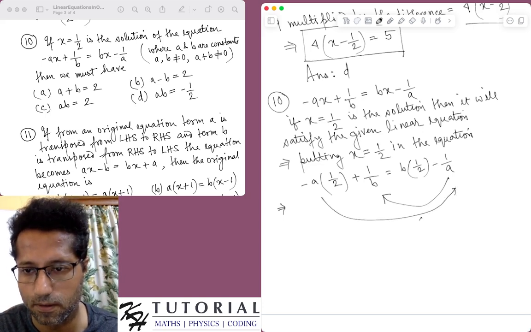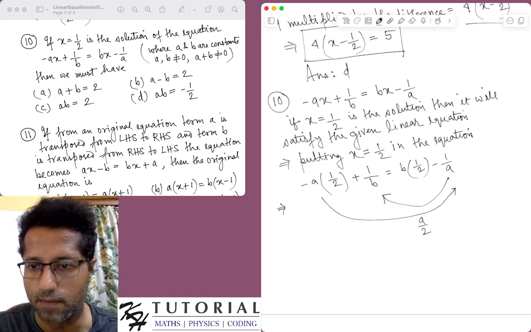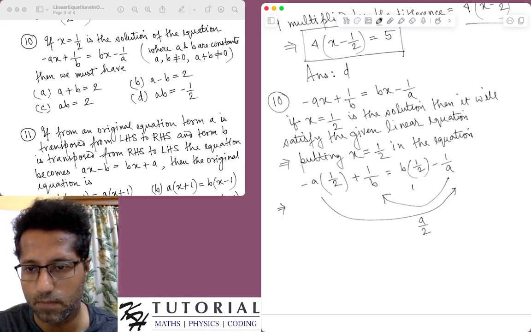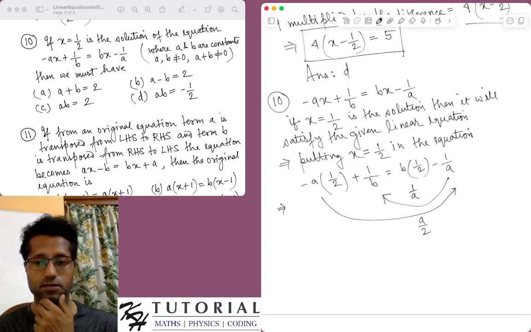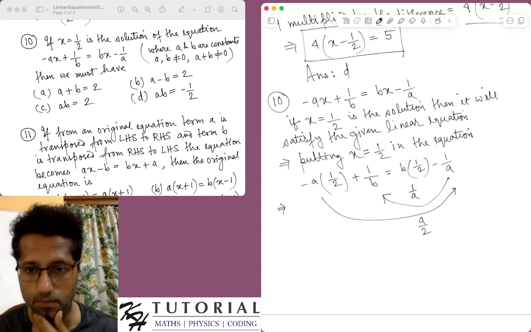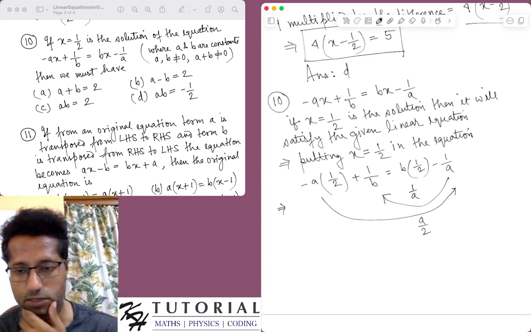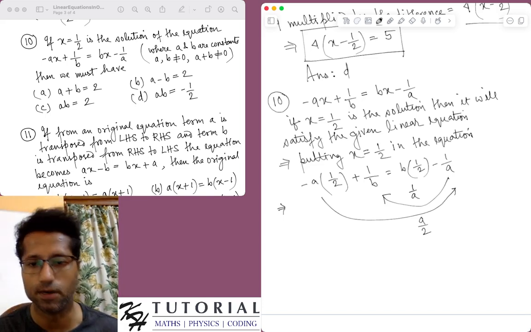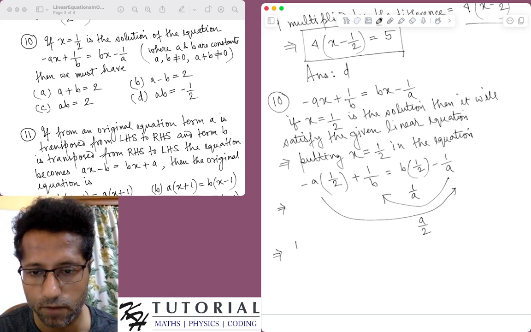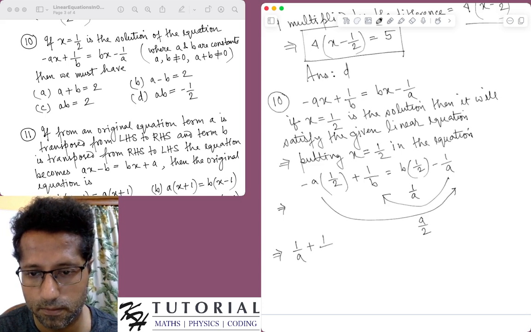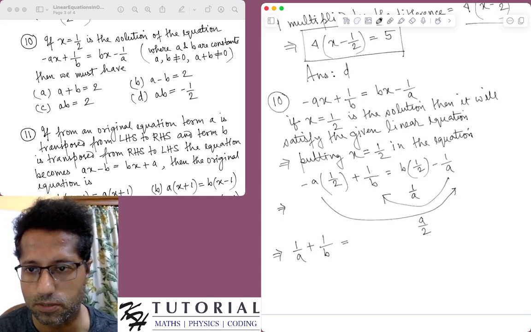So minus 1 by a will get transposed to the LHS as 1 by a, and the minus a by 2 will get transposed to the RHS as a by 2. After this I get 1 by a plus 1 by b equals b by 2 plus a by 2.